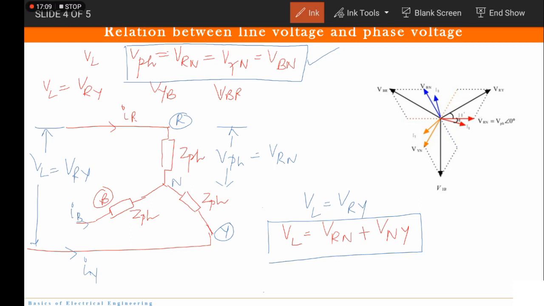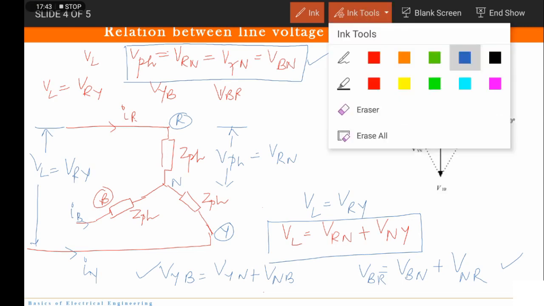Similarly, I will write two more equations, and the last one between B and R. So I have three voltages which are line voltages. Now we shall move towards the phasor diagram.